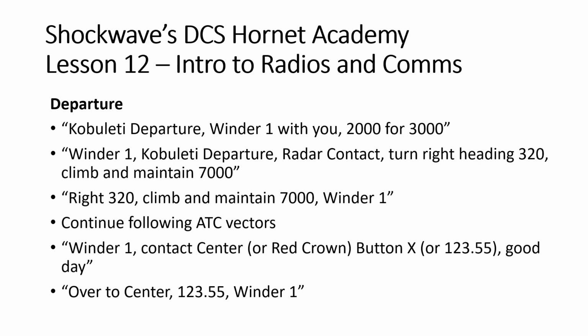Anyways, in visual flight rules, you would not contact center typically. But for the purpose of DCS, typically center, or Red Crown, is just the controller that manages all traffic between airports.